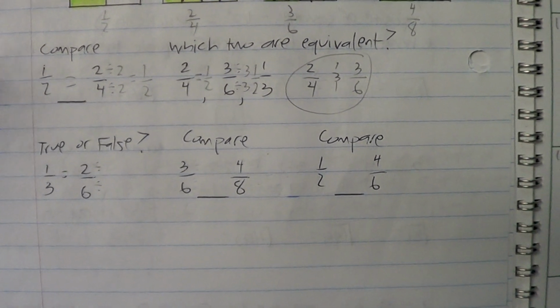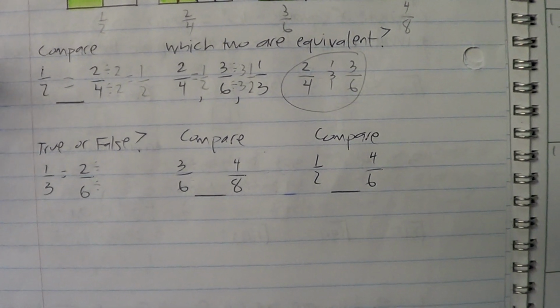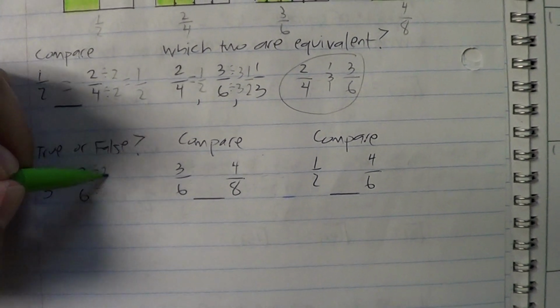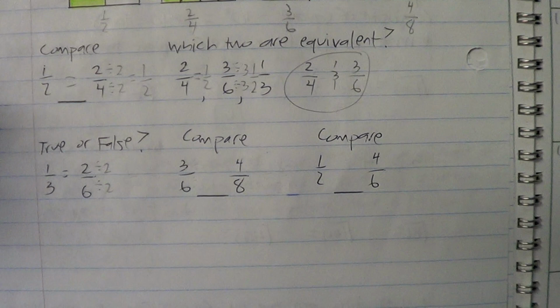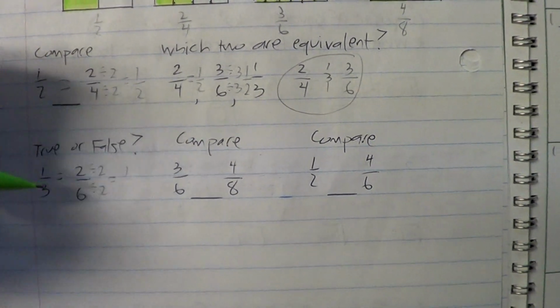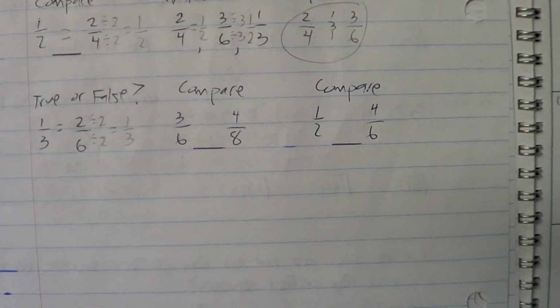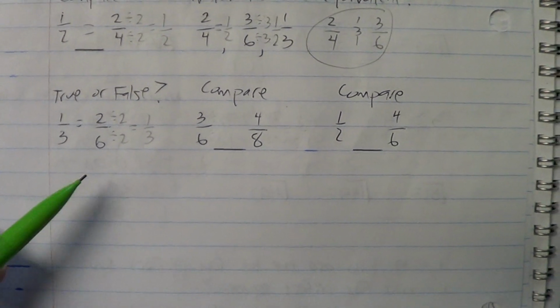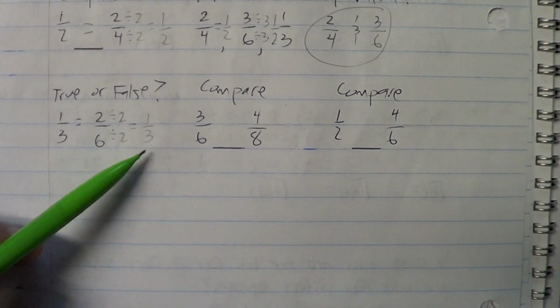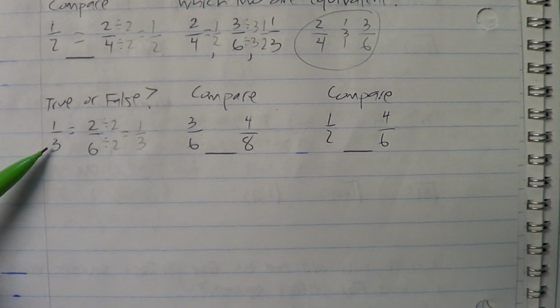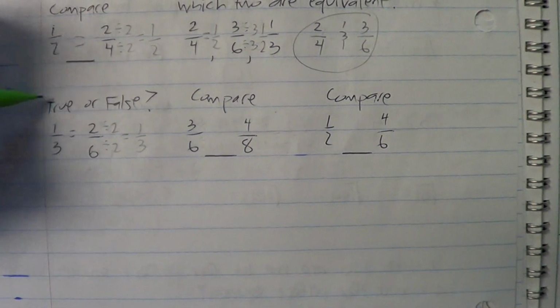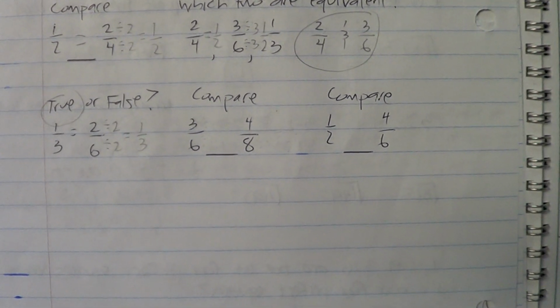And of course, when we look at those numbers, we see that the greatest common factor is 2. So 2 divided by 2 is going to give me 1, and 6 divided by 2 will give me 3. So we'll notice that 2/6 actually is 1/3. So the original problem where it said 1/3 equals 2/6 is true.